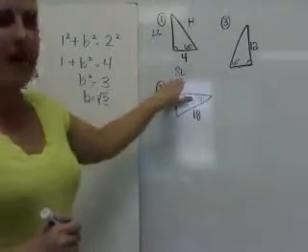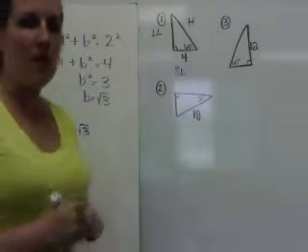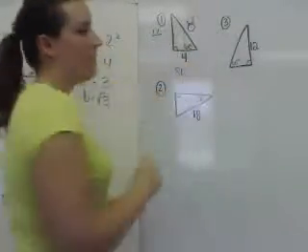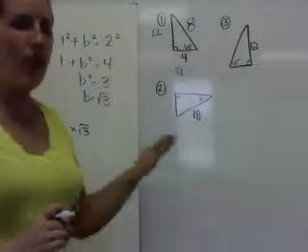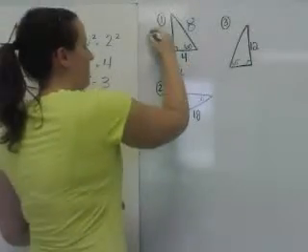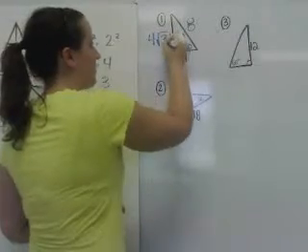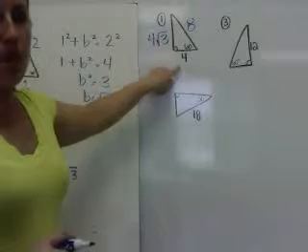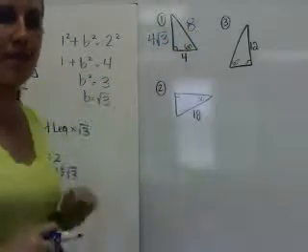So I have the short leg. I know that my hypotenuse is always double, so my hypotenuse would be 8. And your longer leg is always whatever your short leg is times the square root of 3. So that's 4, 8, 4 root 3.